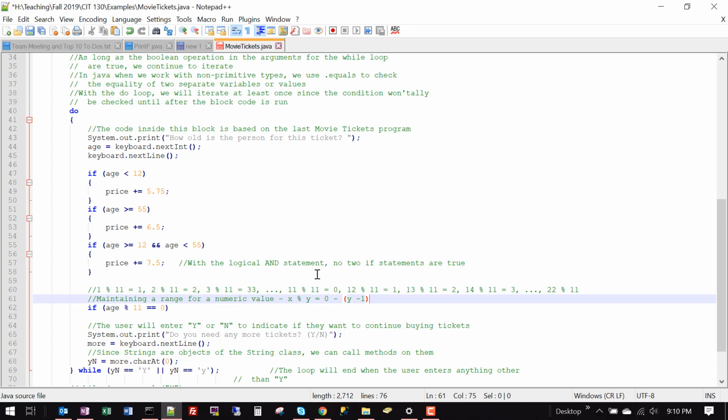What we're talking about here is no matter what x is, when we modulo or mod it by y, that number will be between 0 and y minus 1. So if y was 7, the only results would be 0 through 6. It's a really great way to guarantee that no matter what number somebody enters, we can bound the output. We can give it a ceiling value.